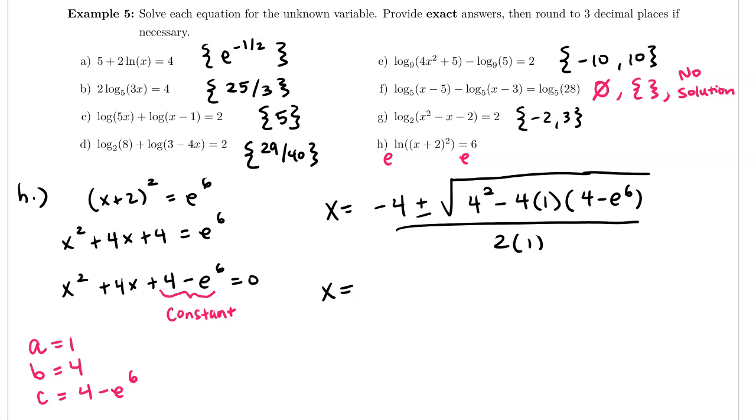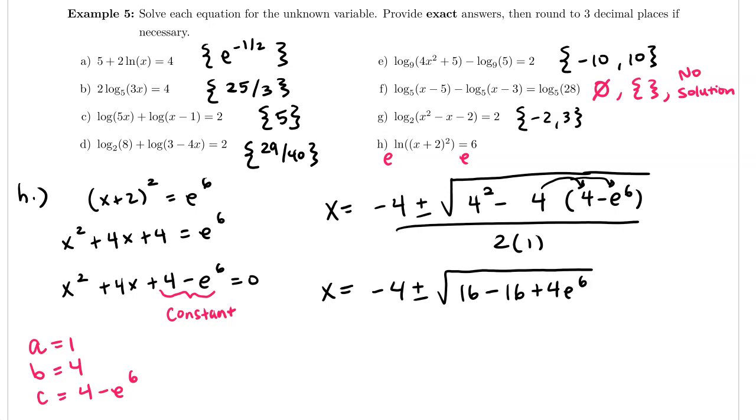So now let's simplify our radicand, or our discriminant. 4 squared is 16, and then 4 times 1 is just 4. And I'm going to distribute this into my parentheses. So I get 16 minus 16, and then plus 4e to the power of 6, all over 2. 16 minus 16 is 0.